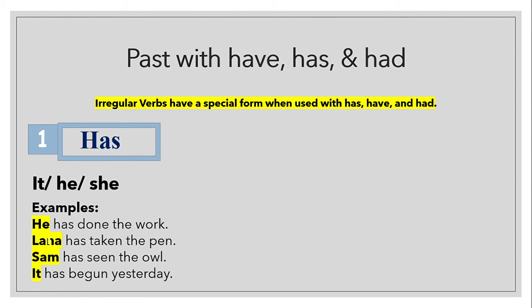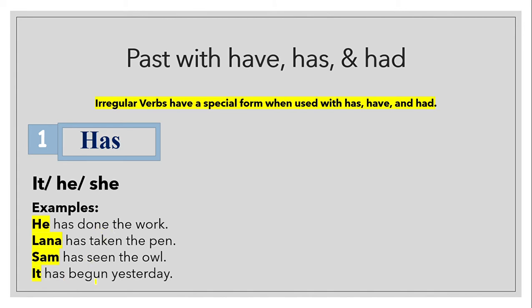Sam has seen the owl. It has begun yesterday. So the helping verb has here, after it, we have the irregular verbs done, taken, seen, begun.